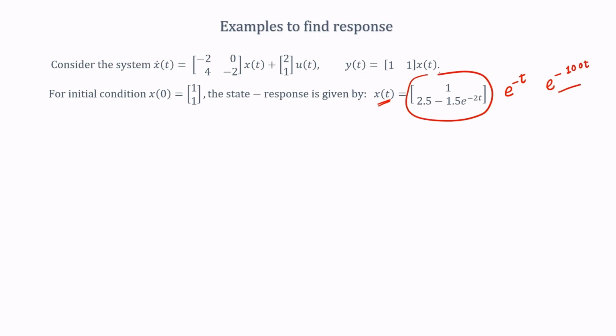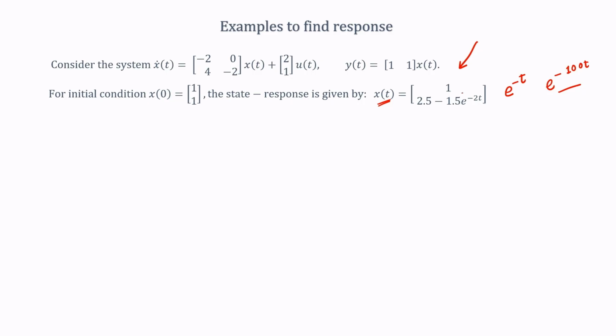Notice that the rest of the terms in the state response solution here are all constants, but one of the terms is e to the power of minus 2 t, okay? And this is the term that actually governs how it will behave as t increases.